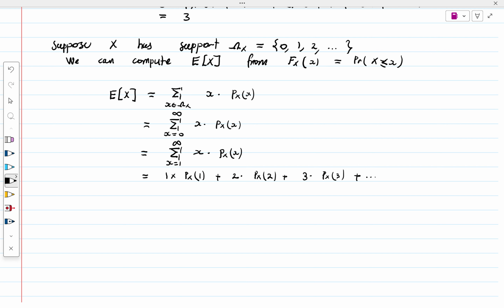I'm now going to cleverly rewrite this summation at the top here.